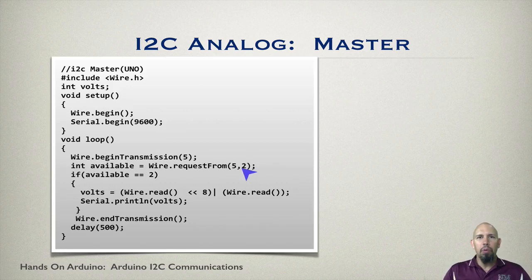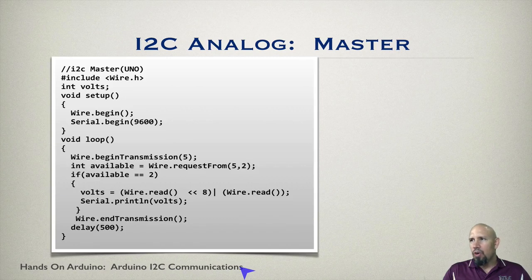Remember, when we read the analog input, we're getting 2 bytes. That's why we want 2 bytes here. If we do get 2 bytes, then each Wire.read reads in a byte.